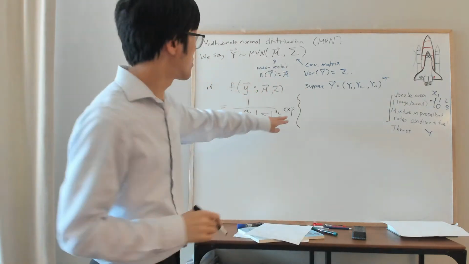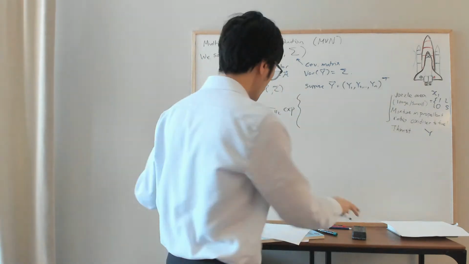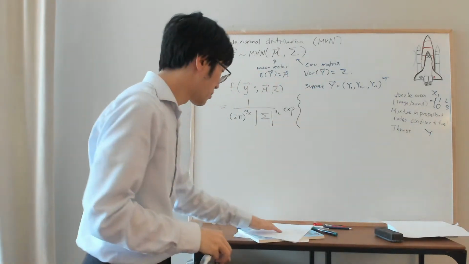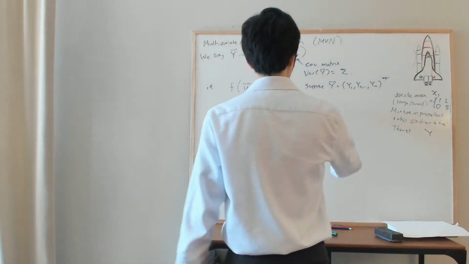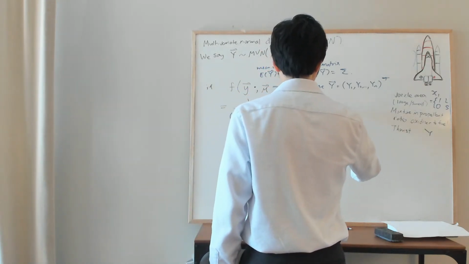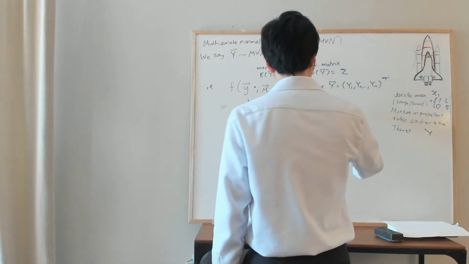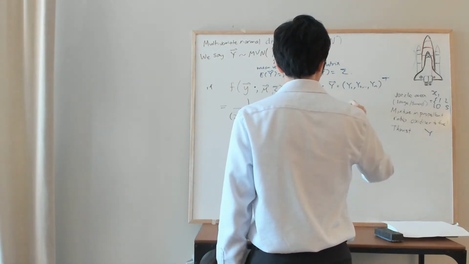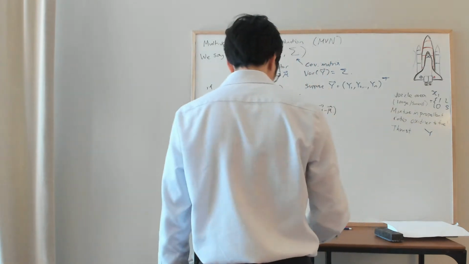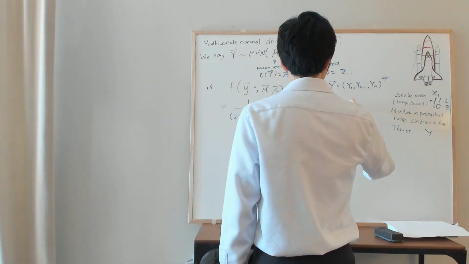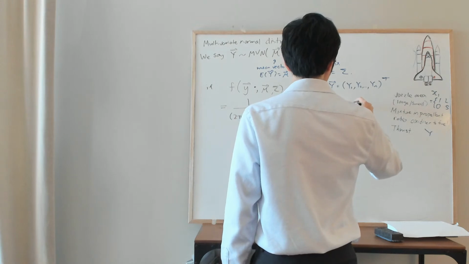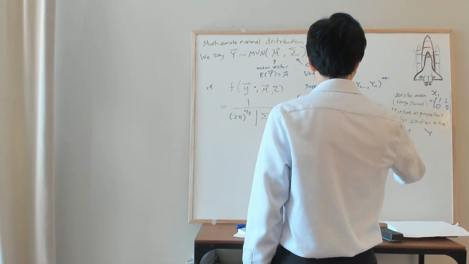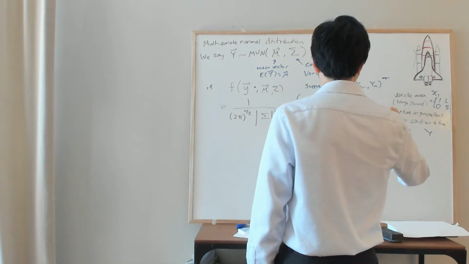This just means e to everything in here, but since it's a bit large, I'm going to write it as exp outside. So we have in here minus a half y minus mu as a vector, and in here we need the inverse of the covariance matrix, and then y minus mu transpose.